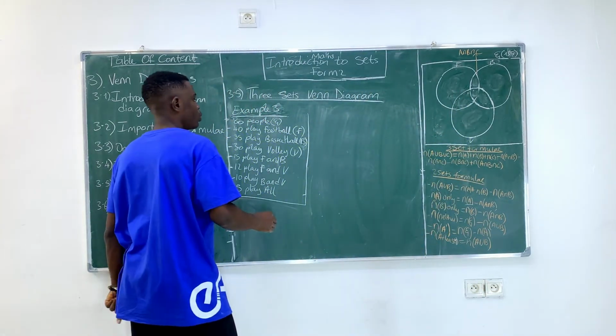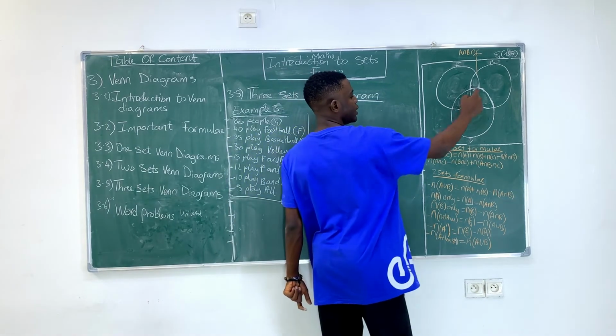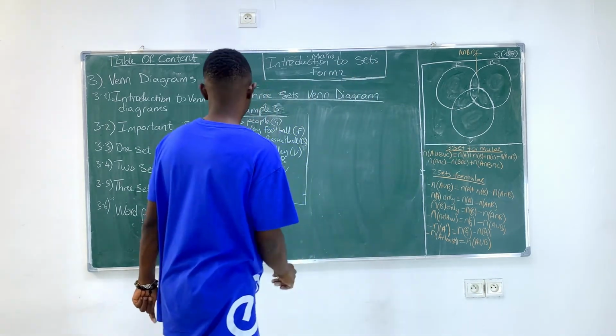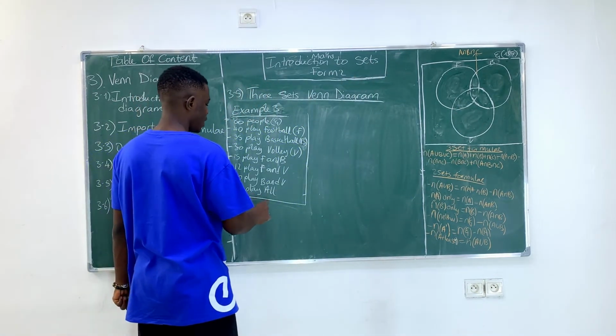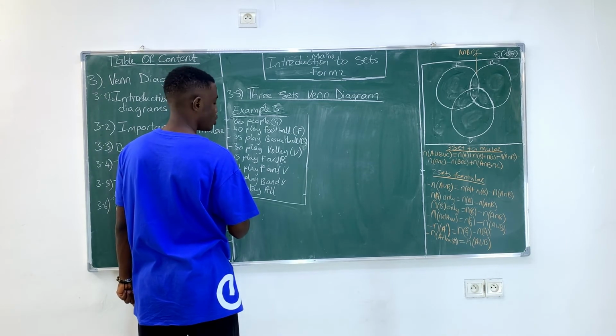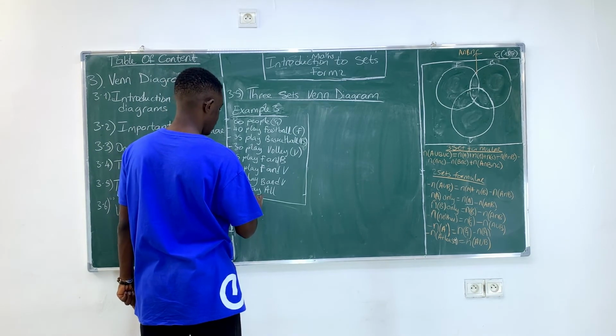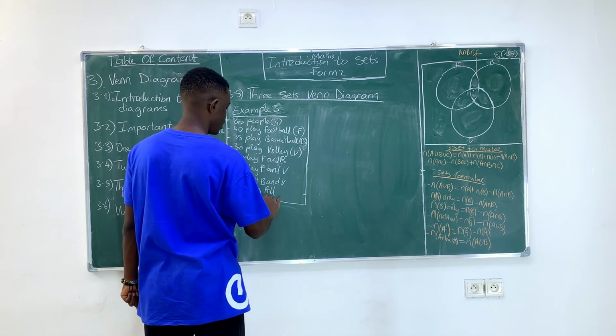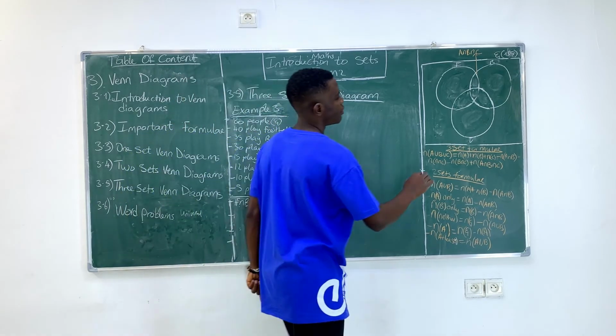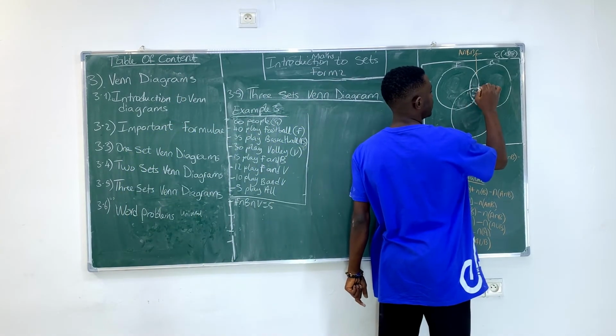So, as usual, we first find our F intersection B intersection V. So, it says 5 players. So, we have F intersection B intersection V is equal to 5. 5 players play all of them.